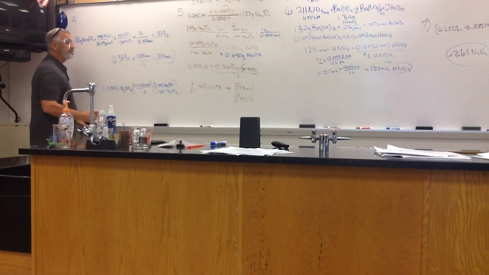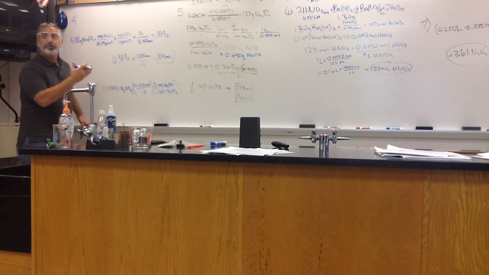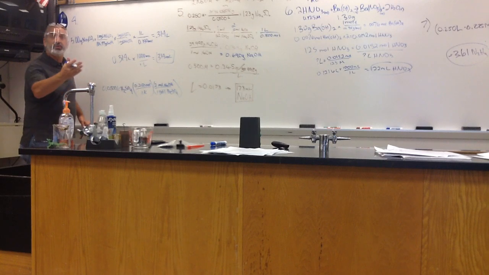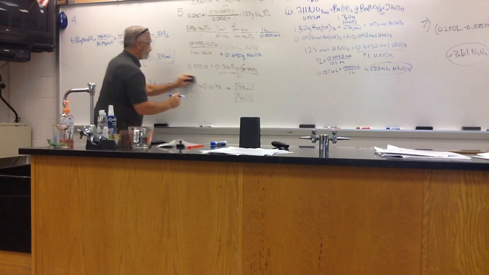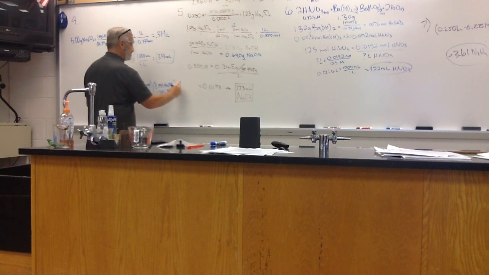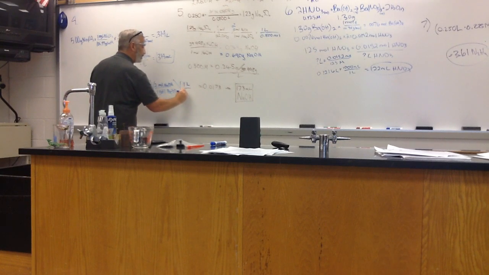But the question's asking for liters. So how do I go from moles to liters? Well, molarity. That's the point that I'm really trying to stress here. Molarity, moles to liters, liters to moles. So, I'm just going to put my molarity that's given, it's 0.5, right? So 1 liter over 0.5 moles.